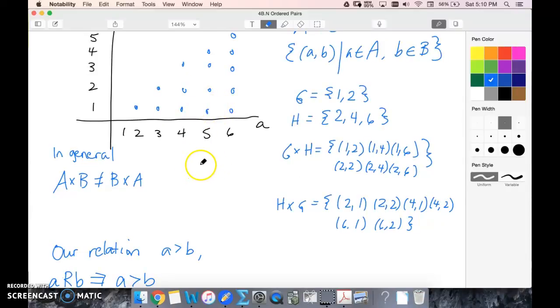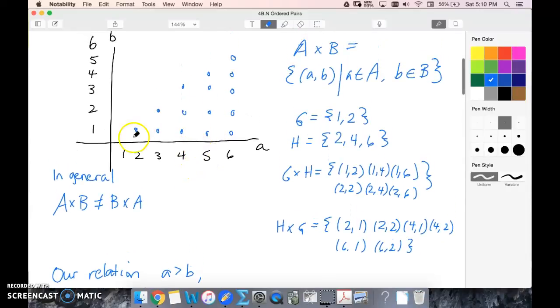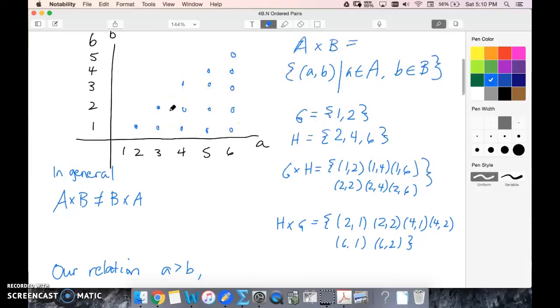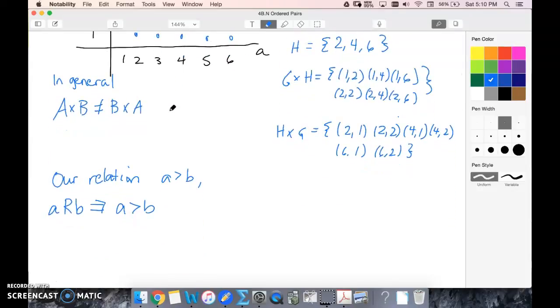We could further separate these points by looking at these specific columns or specific rows. So if B is equal to 1, then the A values that match it are 2, 3, 4, 5, and 6. And when we're talking about separating it out further, we always look at the second value.